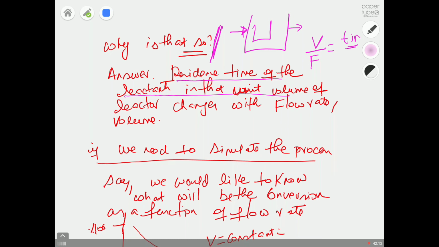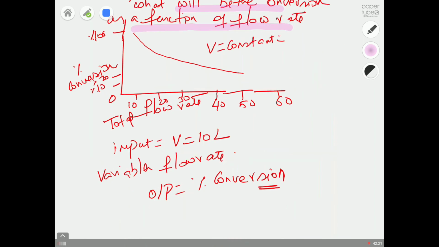Say I want to know how the percentage conversion changes as a function of flow rate. You plot flow rate on the x-axis, say 10 ml per minute, 20 ml per minute, 30 ml per minute, and 60 ml per minute, and percentage conversion on the y-axis, from 0% to 100% conversion.